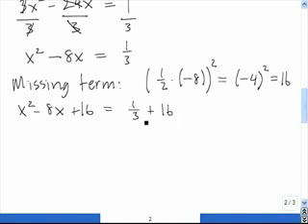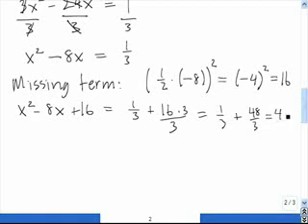Okay, let's just clean up the right-hand side a little bit. 1/3 plus 16. The common denominator here is 3, so we want to go to the 16 and multiply the top and the bottom by 3. So that gives us 1/3 plus 48 over 3.